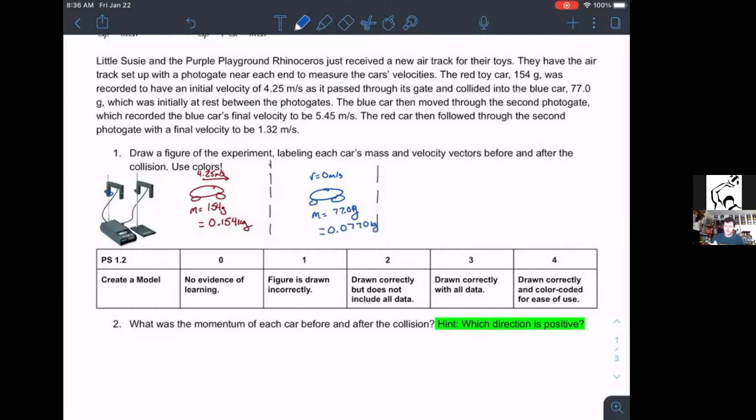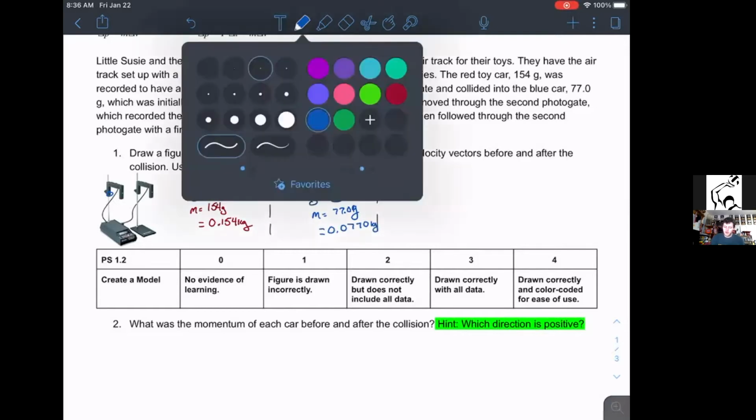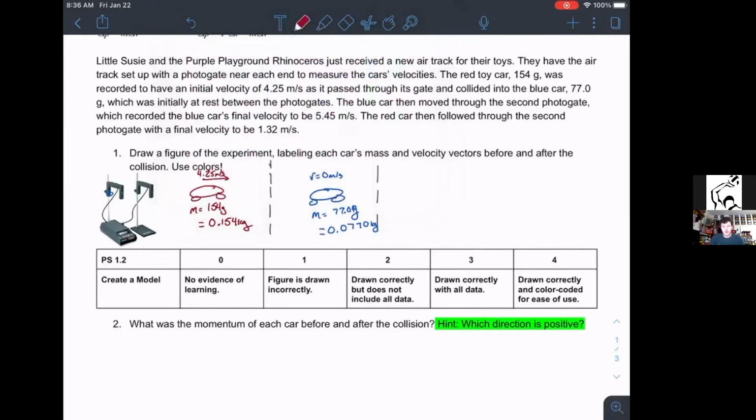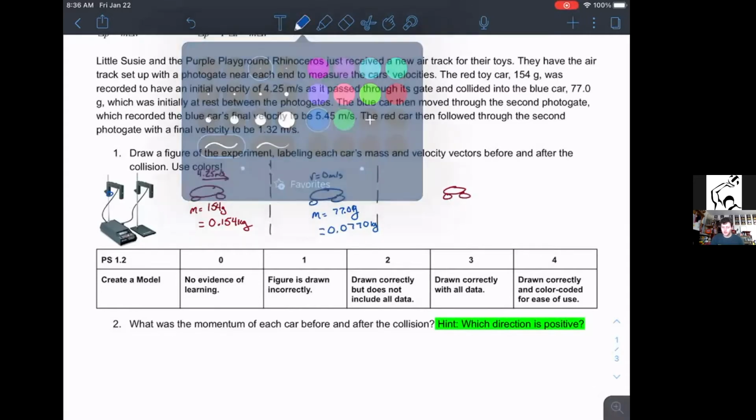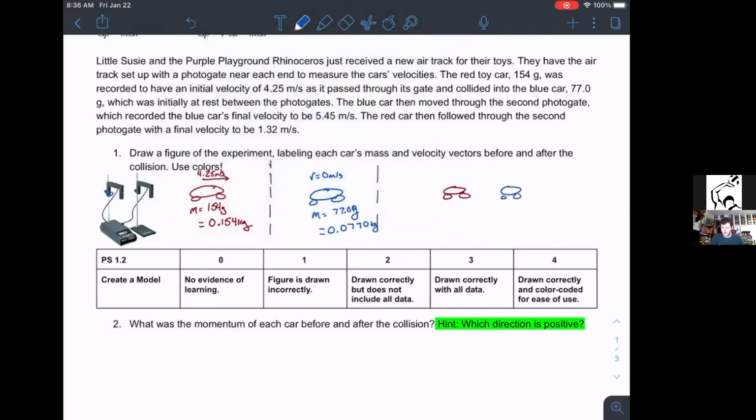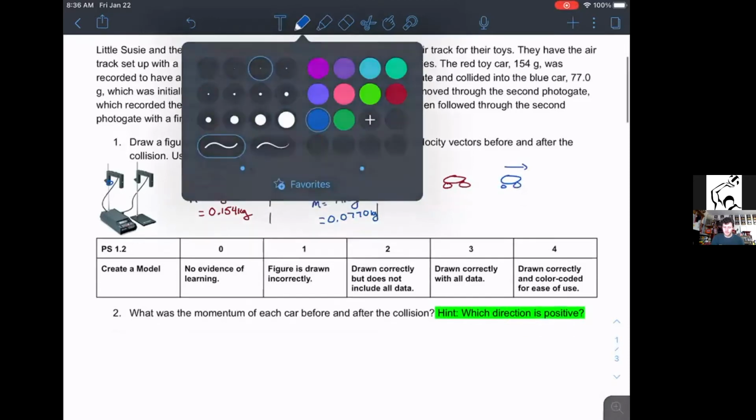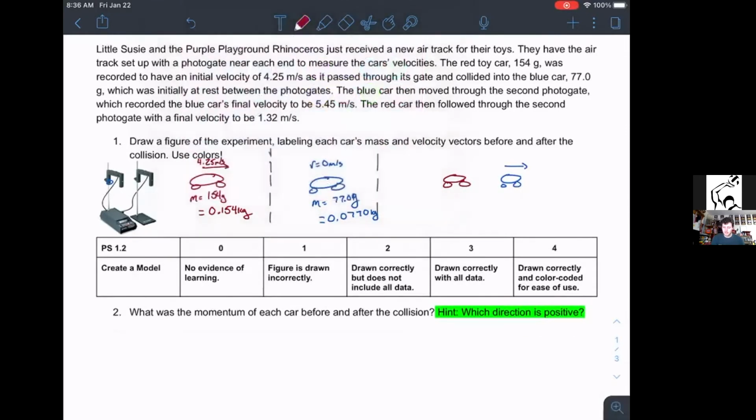Our red car is going to collide into the blue car, and then they're both moving in the same direction after the second photo gate. So that's the before. After, we have our red car and our blue car, both moving in that same direction.